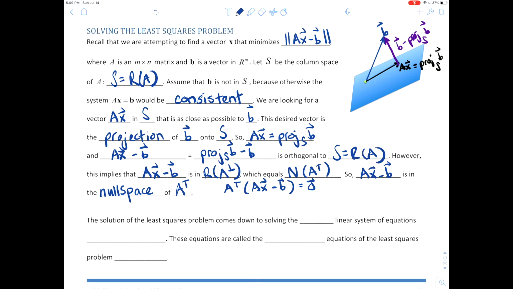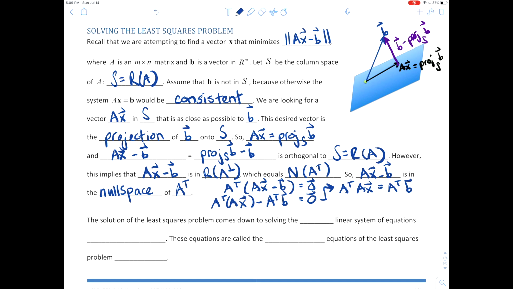For that to be true, A transpose times AX minus A transpose times B would equal the zero vector. But what would that imply? That would imply that A transpose times A times X would equal A transpose times B. Cool?